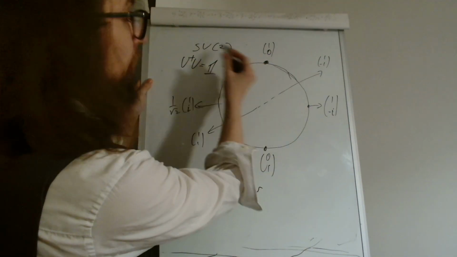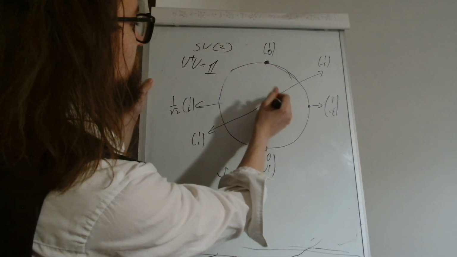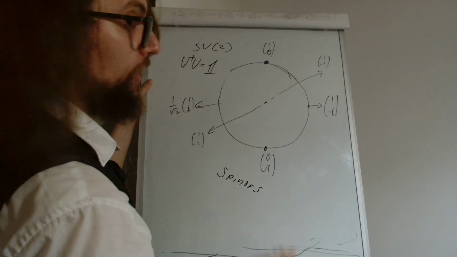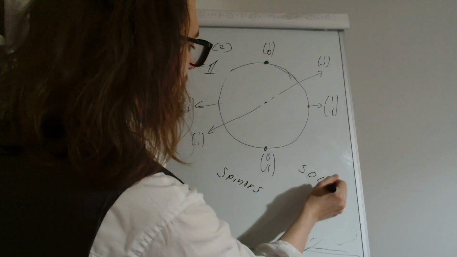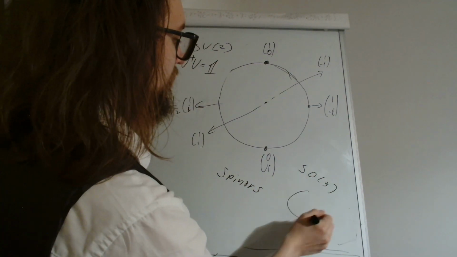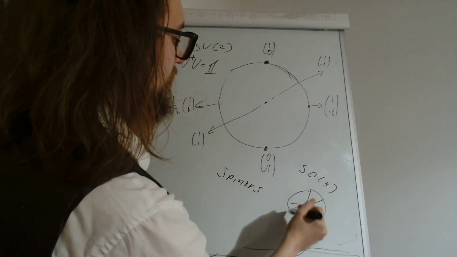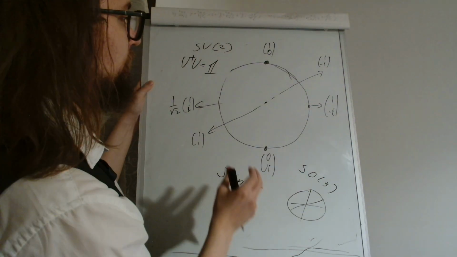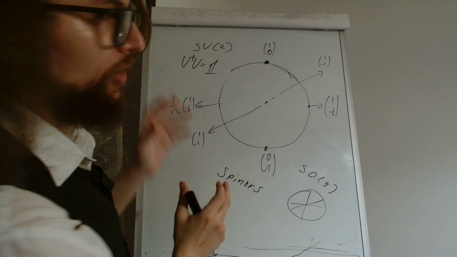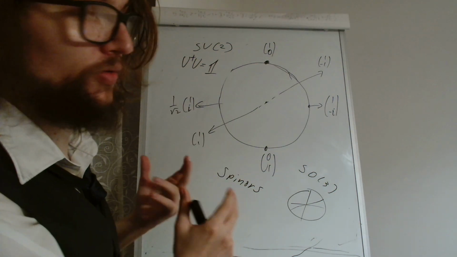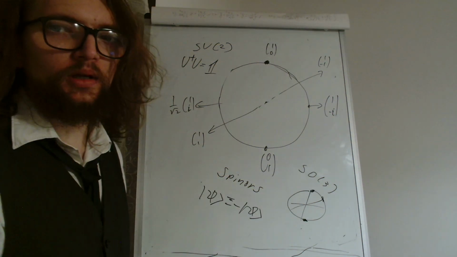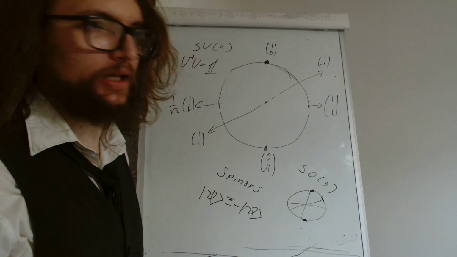So SU2 are the rotations on the Bloch sphere, exactly like SO3 are the rotations on the 3D sphere, and they are very similar. They all represent rotations on a 3D sphere, but they still have clear differences.